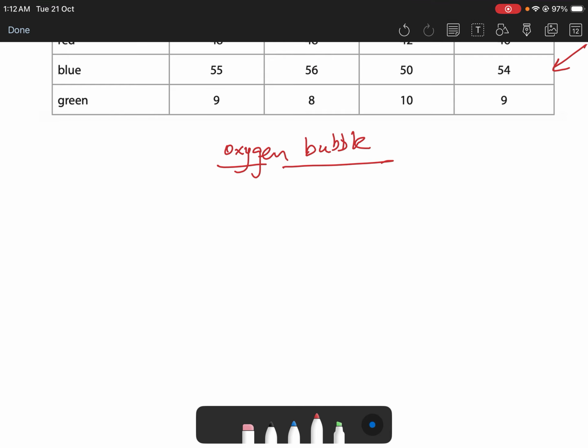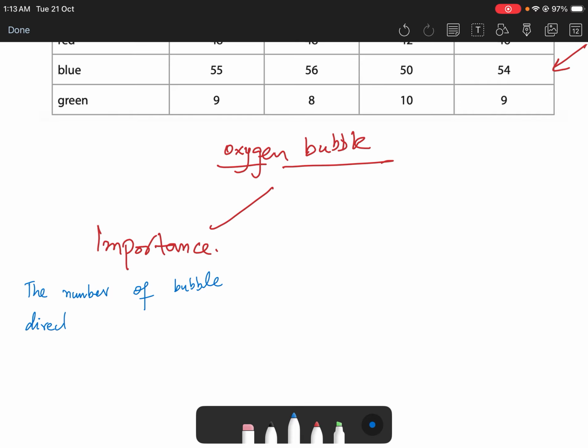What's the importance? Basically, the importance is that the number of bubbles is directly related to the rate of reaction.